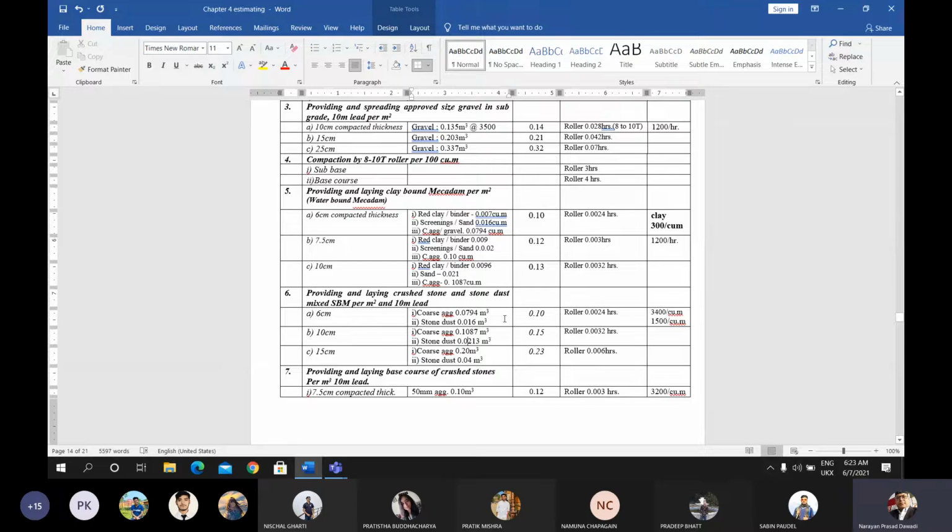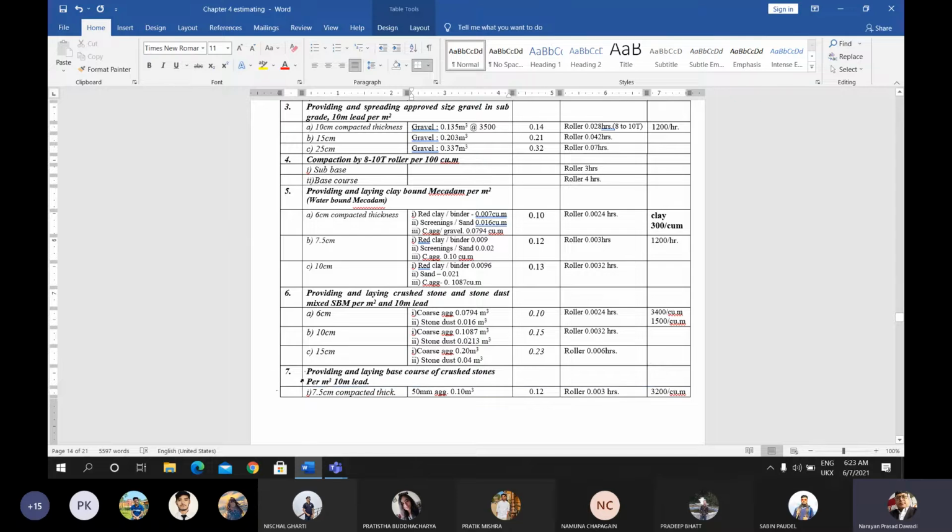The coarse aggregate can be taken as 34 rupees per cubic meter, and the stone dust can be taken as 1500 rupees per cubic meter. If you know the cost of material, cost of labors, and the hire charge of equipment, you can make the rate analysis by yourself in the similar manner as item number 5, 3, 4, 2, etc.